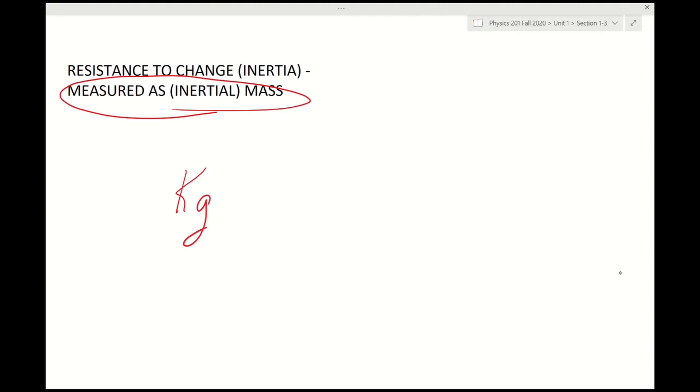The change in momentum is proportional to the change in motion. The short form of this basically says F equals ma, and this is the short form of Newton's second law. Okay, change in momentum. So we have this thing called momentum that turns out to be P equals mv.